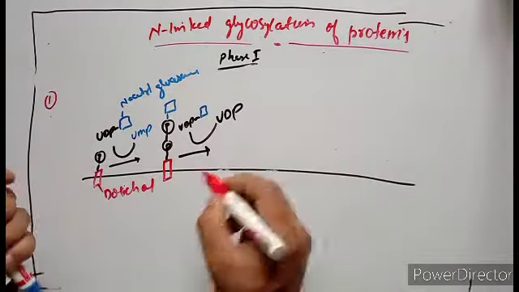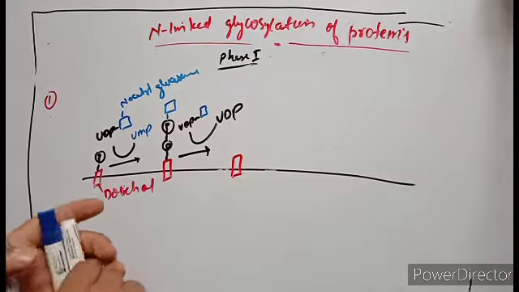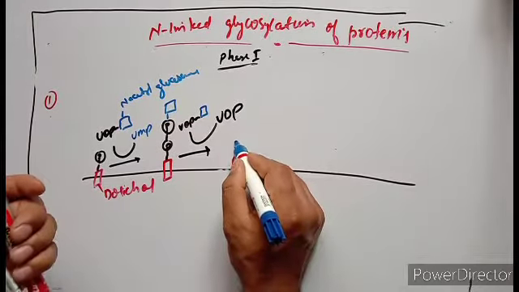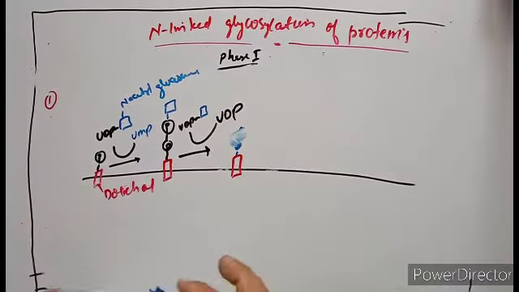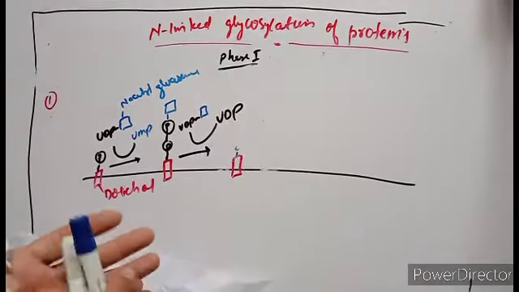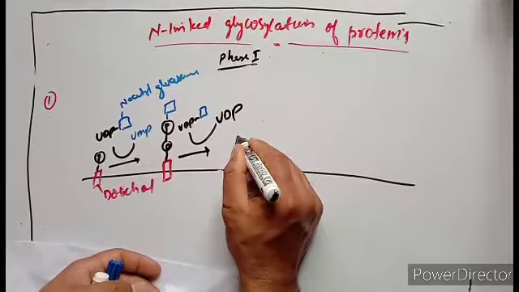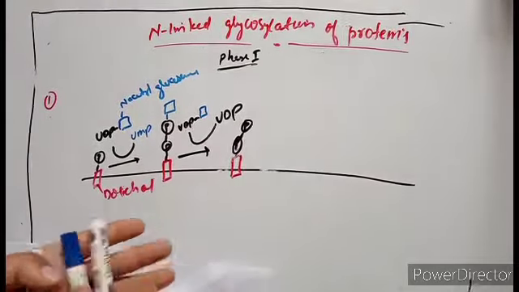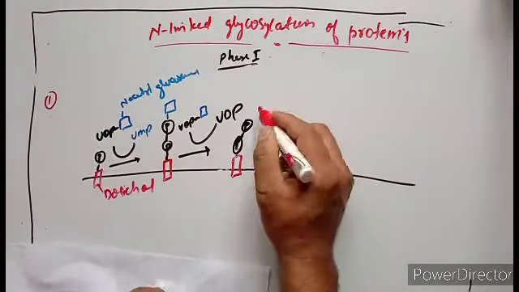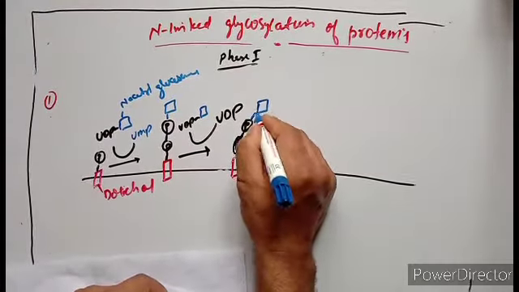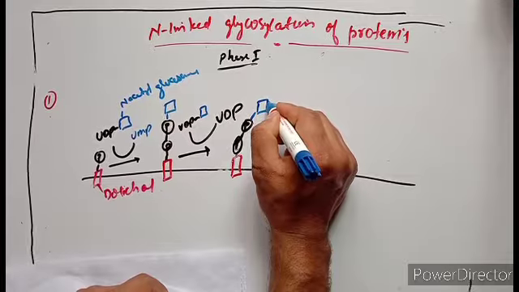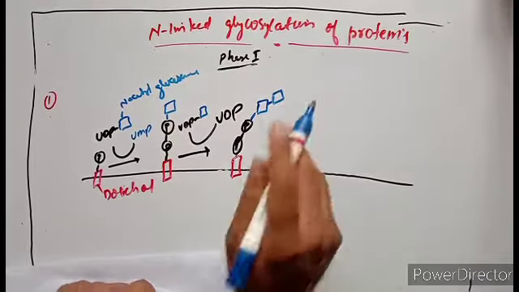Sorry, I will draw the phosphate with black color so that you cannot confuse. So these are the two phosphate bonds, and here are our 2 N-acetyl glucosamine.